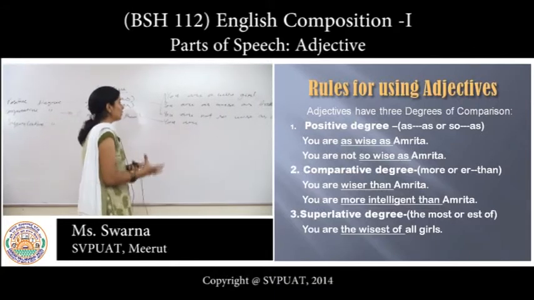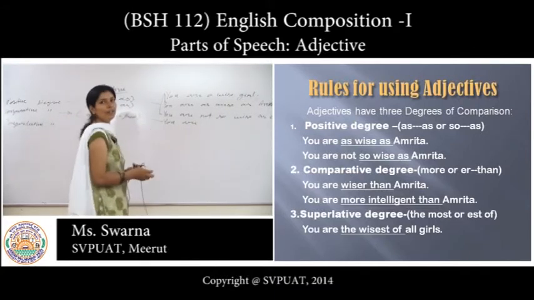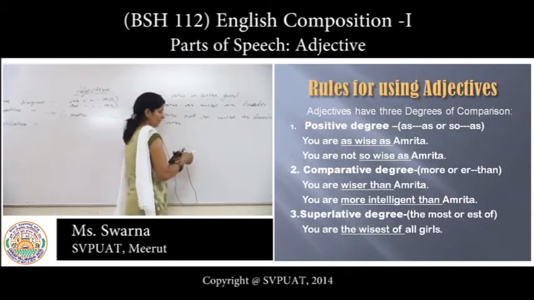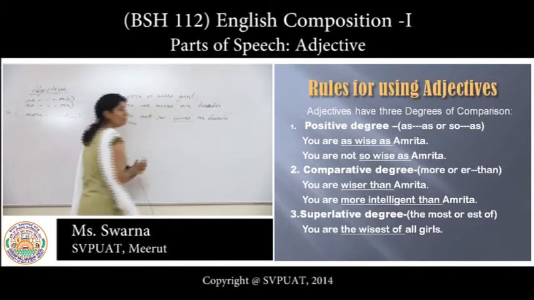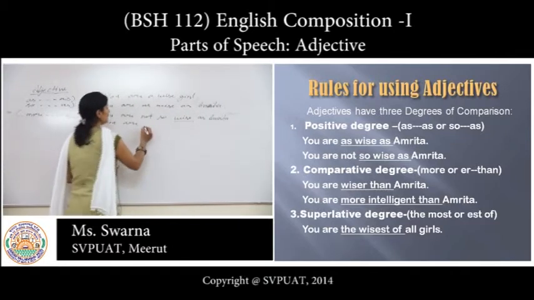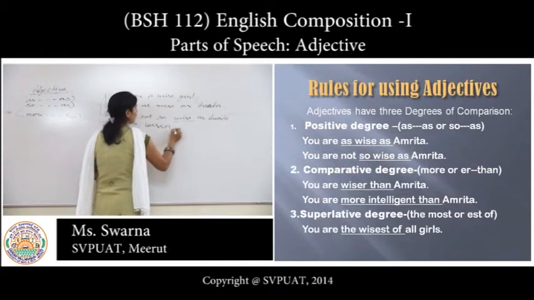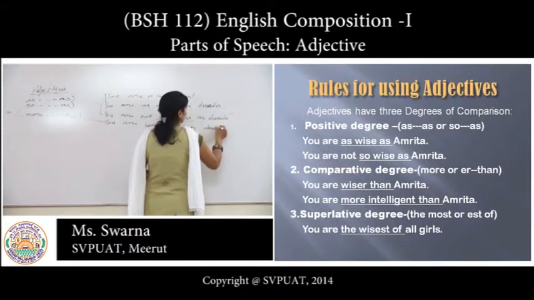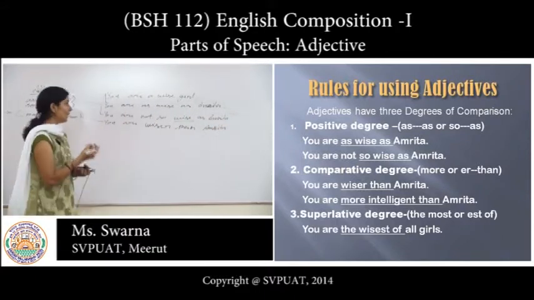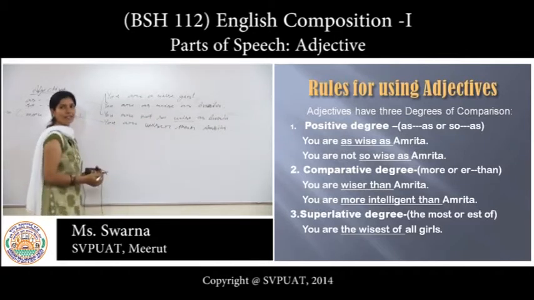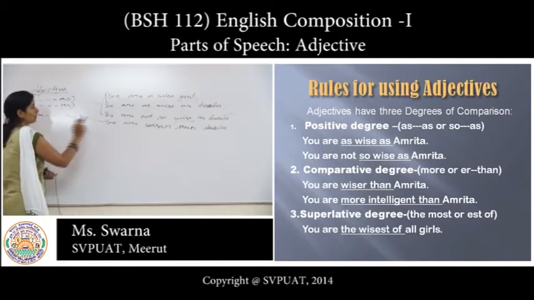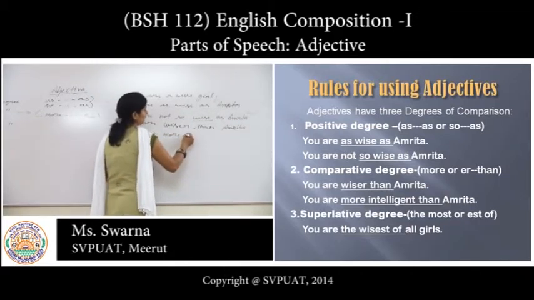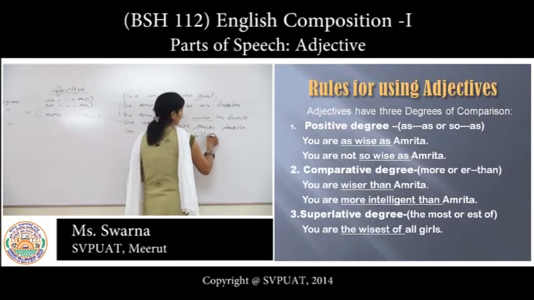And if we can't add er to the adjective, then we use more. So with the adjective wise, we can use er. You are wiser than Amrita. And if we write the word intelligent in place of wise, then we use more in place of er. You are more intelligent than Amrita.